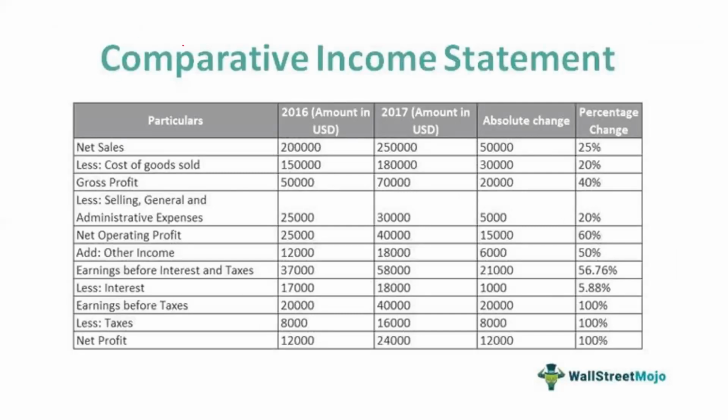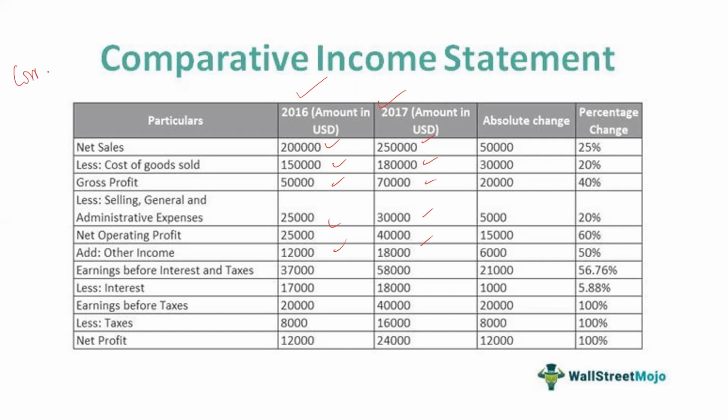So I have added a simple income statement, which has been taken hypothetically by downloading from Google, obviously. Then you get some figures for 2016, for 2017 as well.